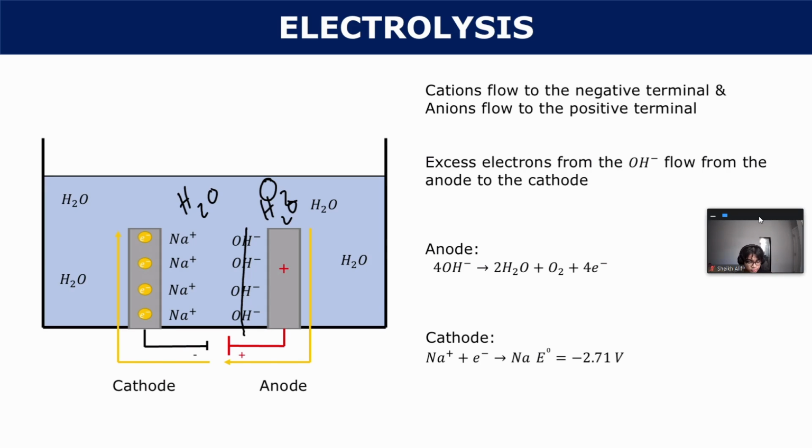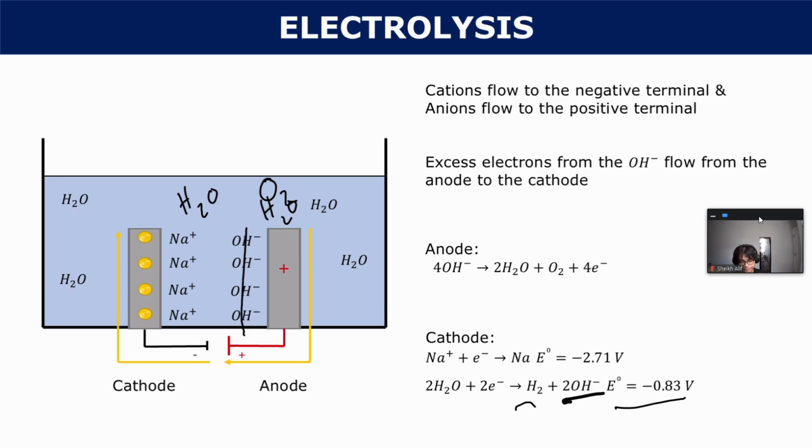Another reaction that it could do is it could take the water and just give the electron to the water. And you'll notice what happens is that it turns to hydrogen gas and 2 OHs. And the cell potential of this is negative 0.83. You can see that's a lot higher than the cell potential of the sodium, and therefore this reaction occurs a lot more frequently.